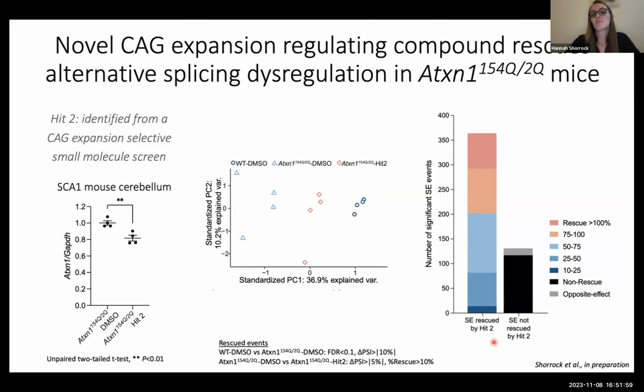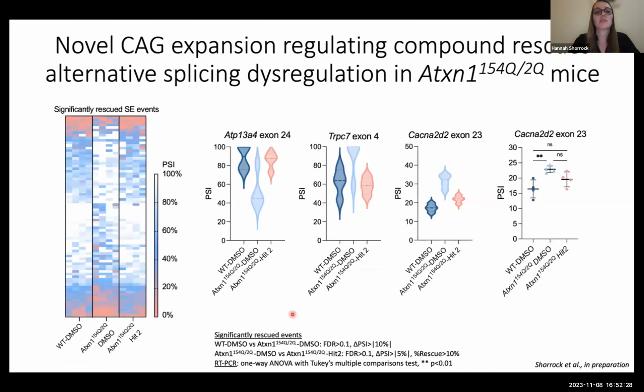And when we look at this by the number of events that are rescued a certain proportion versus not rescued, you can see that the vast majority of events here are rescued. And when you think back to the graph that I showed you previously, where we looked at this metric across a variety of different data sets, the ratio that we see here for the rescue of splicing is actually a much better rescue ratio than what was seen for those other data sets that we analyzed.